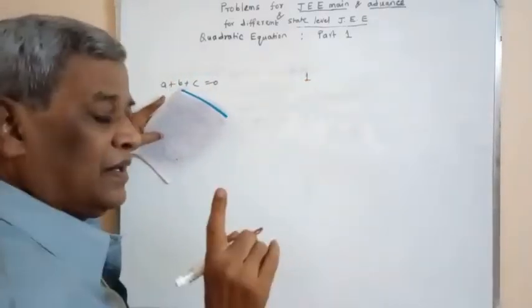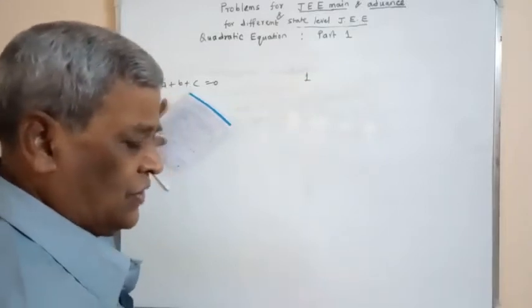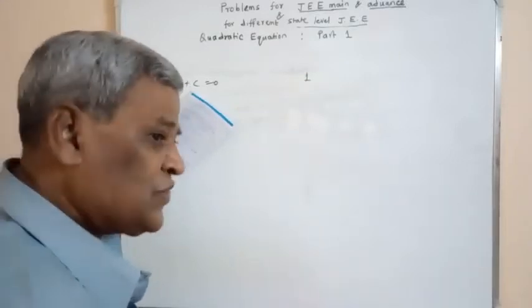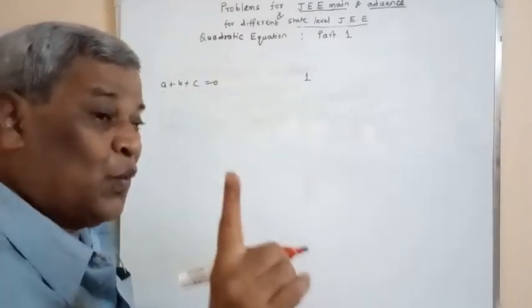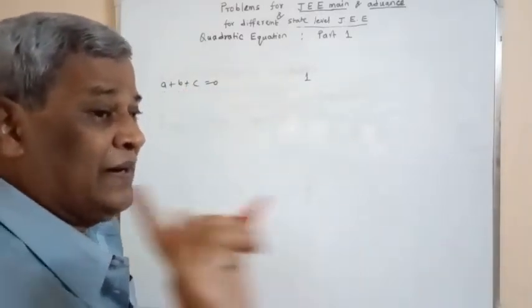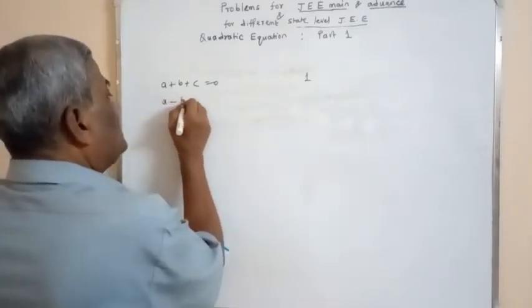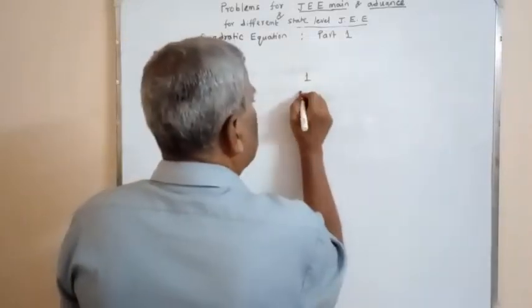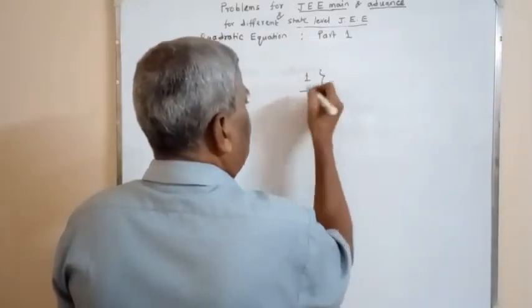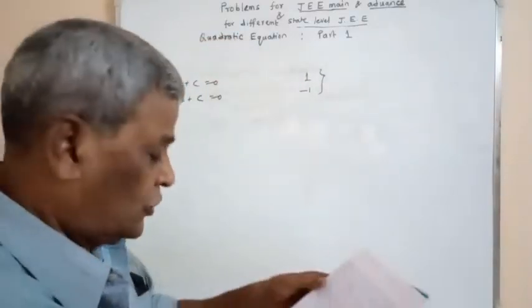If the equation ax square plus bx plus c is equal to 0 is such that a plus b plus c is equal to 0, then one root must be 1. Next, if a minus b plus c is equal to 0, one root must be minus 1. And these two will help you a lot.